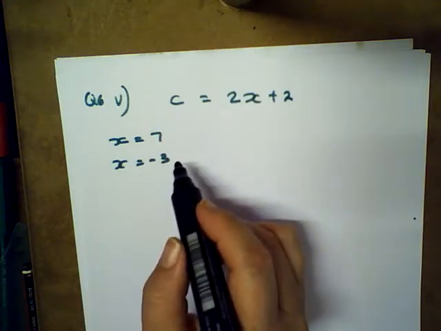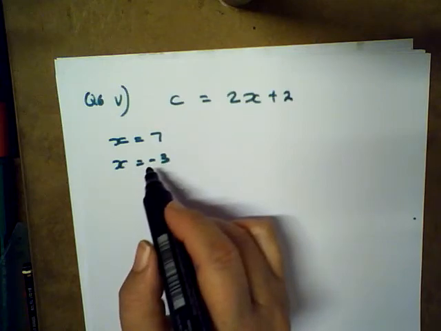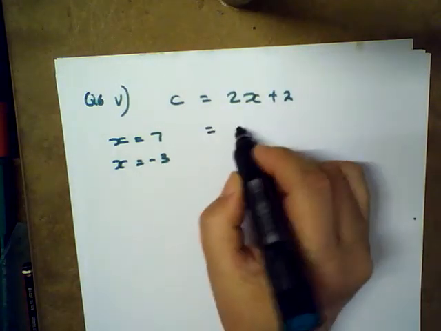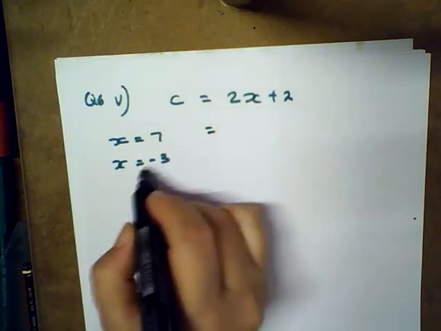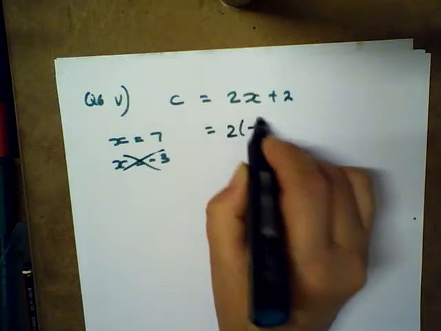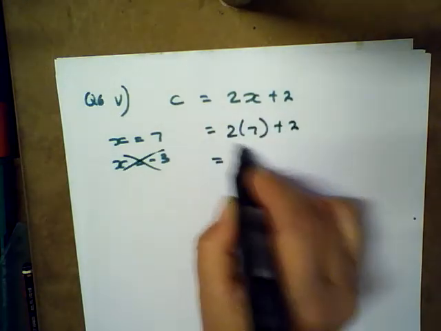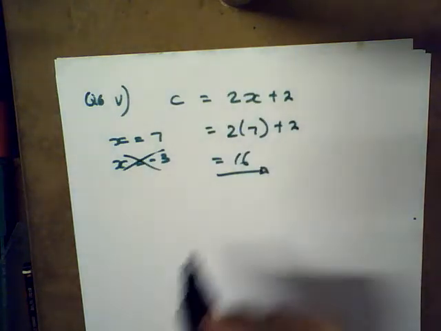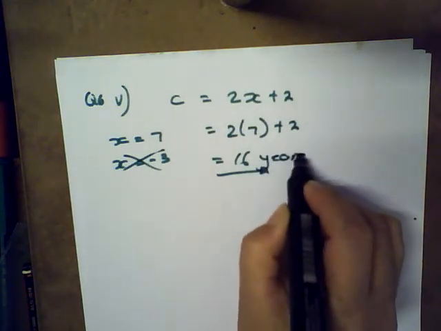Now, you would realize that no one can have a negative age. You are born and then you just get older. So this answer would be extraneous. We're not going to use that. So 2 times 7 is 14, plus 2, an answer of 16 years old. So Claude was 16 years.